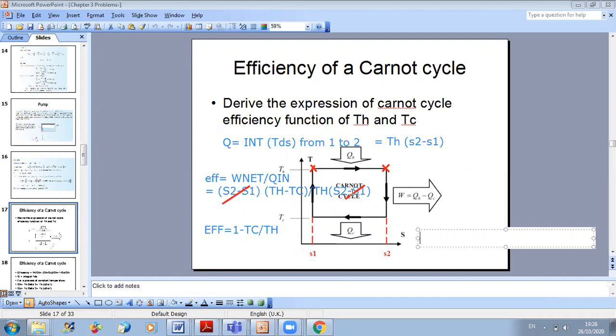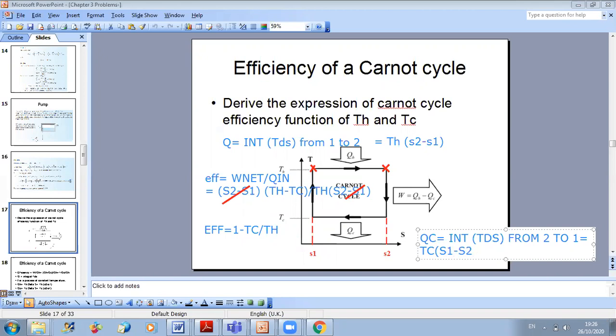But in general, if you don't know if I'm losing or gaining heat, you can just compute it as QC equals integral TdS from 2 to 1, which is equal to TC times S1 minus S2.